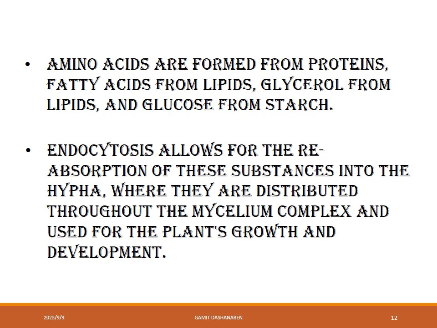Amino acids are formed from proteins, fatty acids and glycerol from lipids, and glucose from starch. Endocytosis allows for the reabsorption of these substances into the hypha, where they are distributed throughout the mycelium complex and used for growth and development.